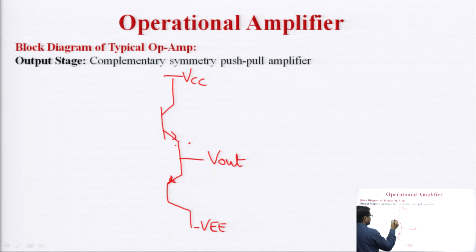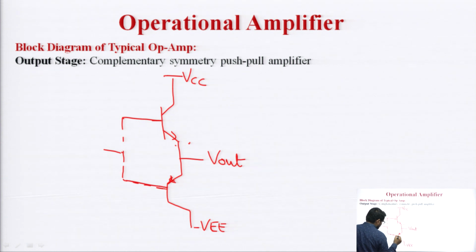One simple example of the operational amplifier, we consider a typical circuit such as this. This is the V out. The output will be taken from the base. So this is the NPN transistor, this will be the PNP, and the output is taken from the internal stage.